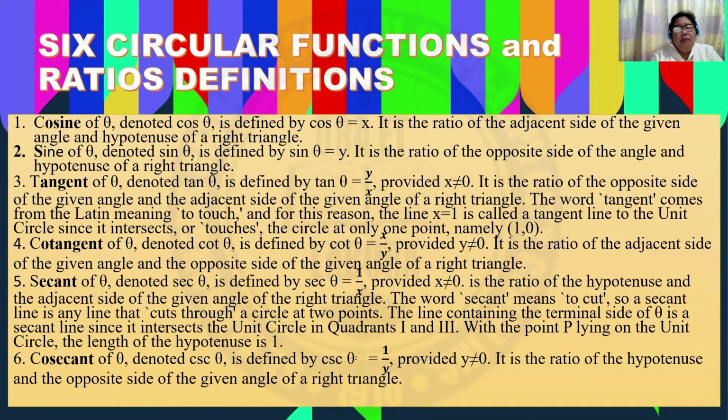With the point P lying on the unit circle, the length of the hypotenuse is 1. Cosecant of theta is defined by cosecant theta equals 1 over y, provided y is not equal to 0. It is the ratio of the hypotenuse and the opposite side of the given angle.